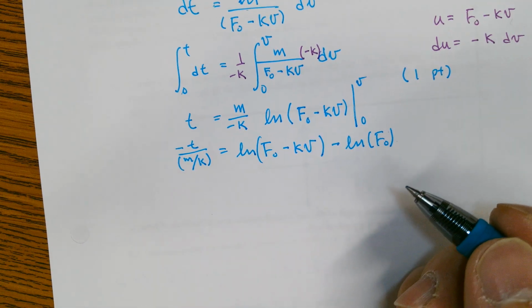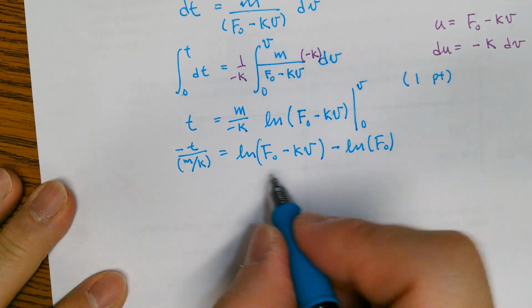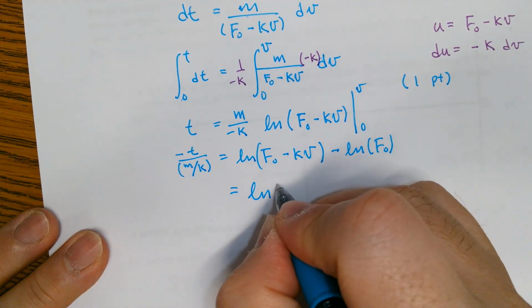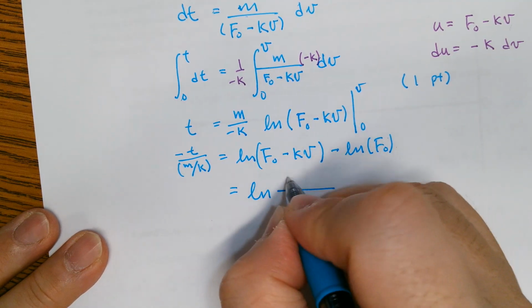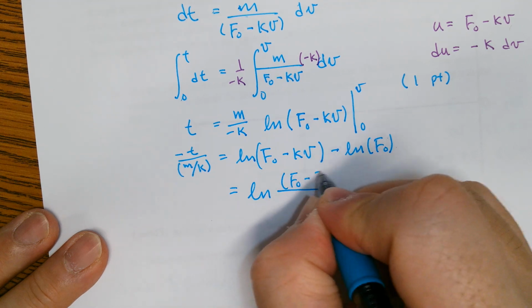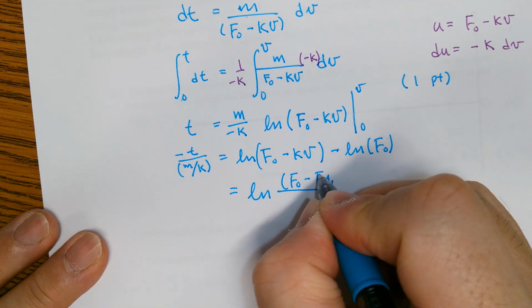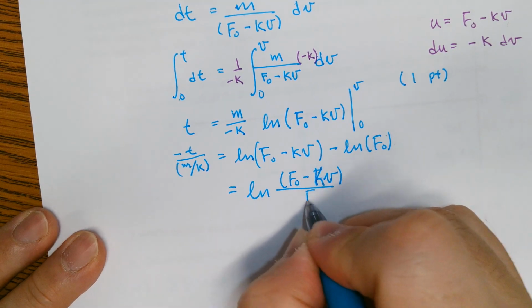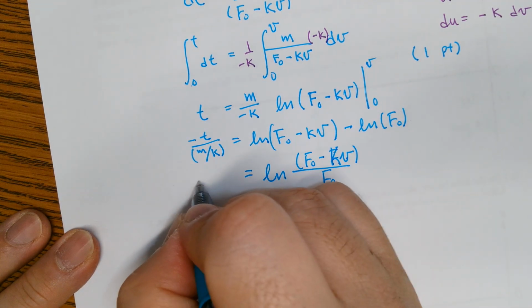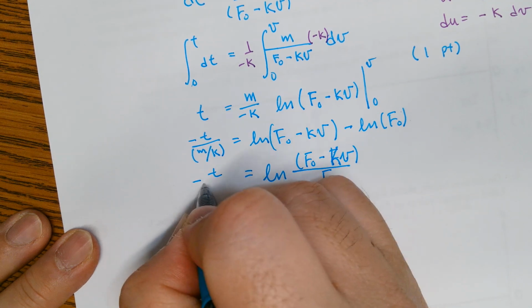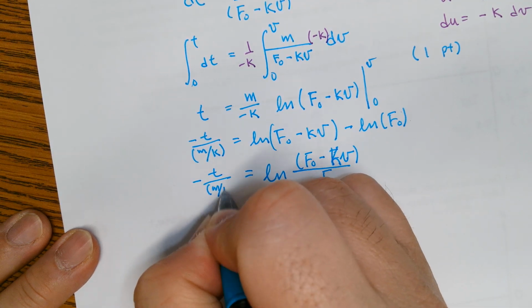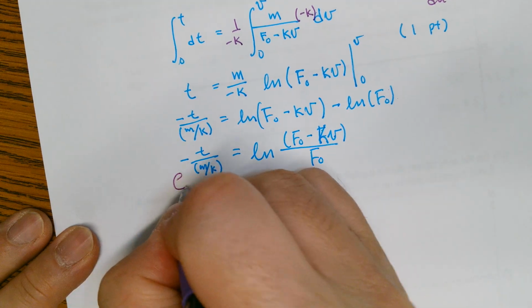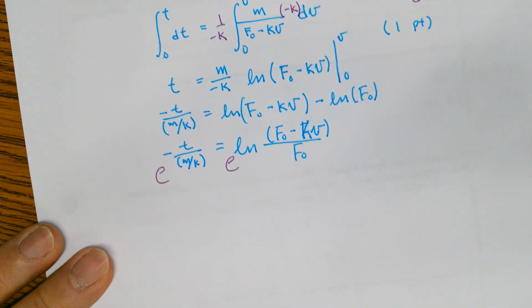Then we're going to use the properties of natural log, right? So here we're going to get ln of F naught minus kV over F naught equal to negative t over m over k. Now we'll take e to both sides, okay?